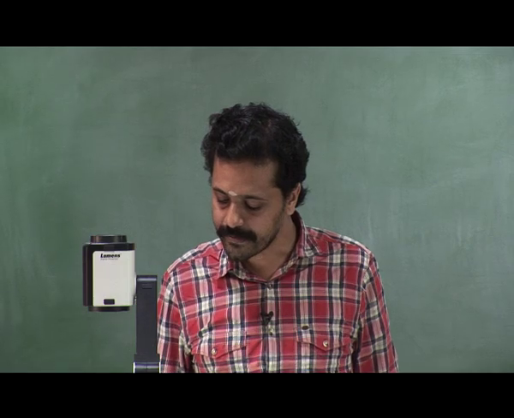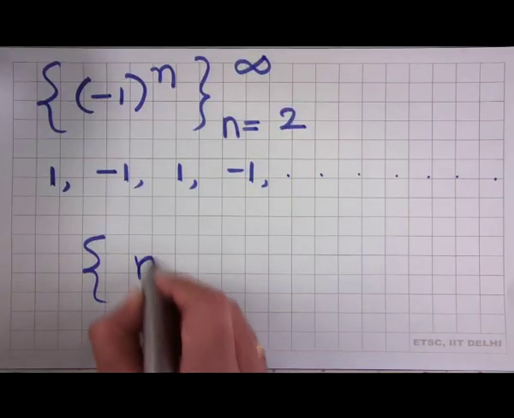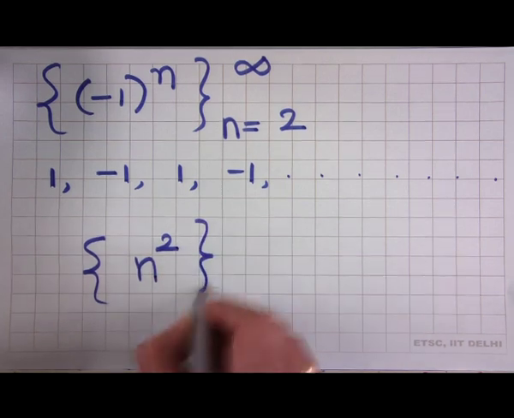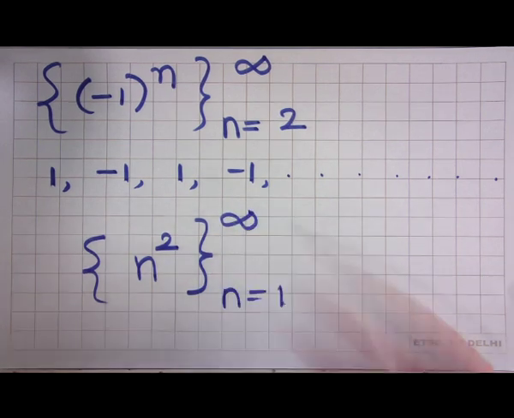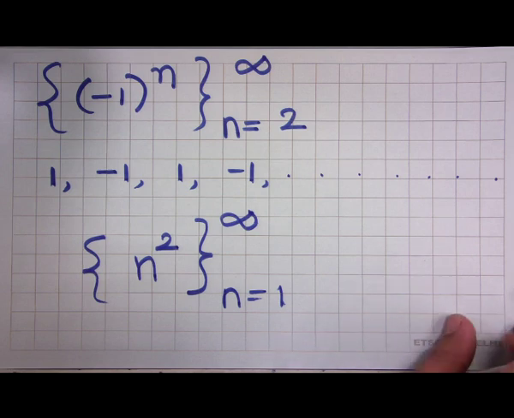Similar is the case with a sequence like n square, n is equal to 1 to infinity. Such sequences are said to be divergent.